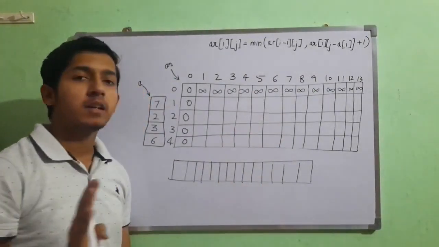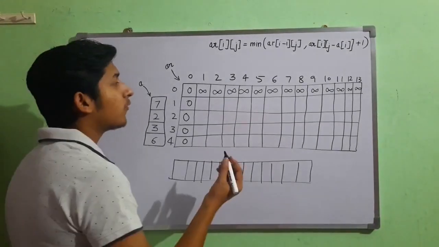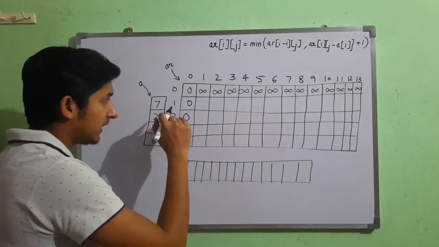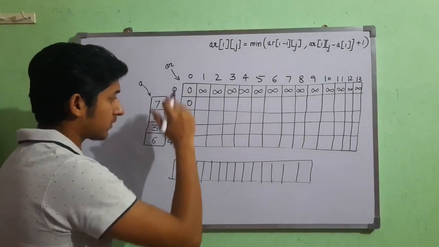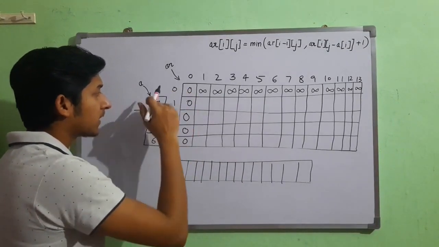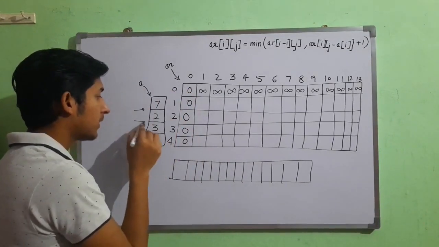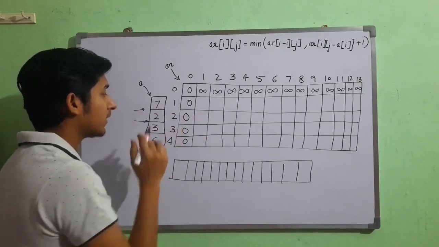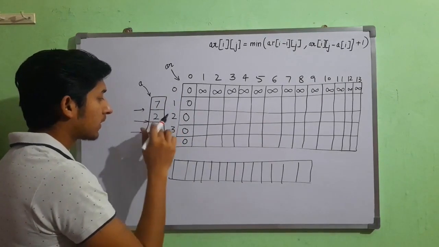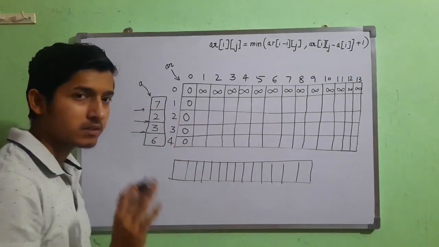If you have seen my knapsack problem video, then you must remember what I was doing, I was taking all the above coins. So if I'm here, I'll consider 7 only. If I'm here, I'll consider 2 and 7. If I'm here, I'll consider 3, 2 and 7 in my system.